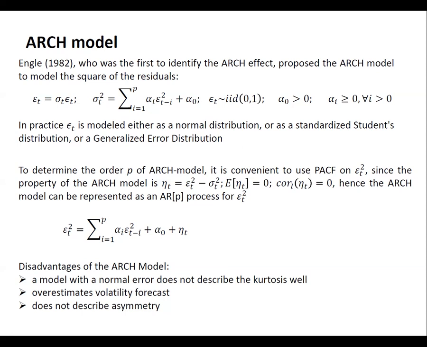When we're talking about the ARCH model in depth, the reason is that historically it was the first model proposed to model volatility. But the ARCH model has known drawbacks. First, there is a normal error in the ARCH model, and it doesn't describe kurtosis well. Secondly, the ARCH model greatly overestimates the volatility forecast.